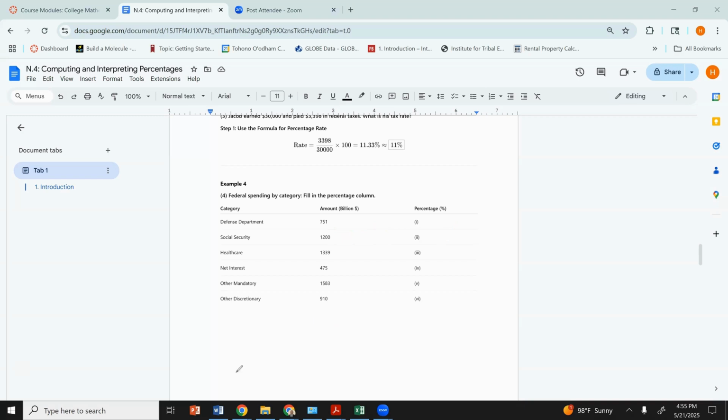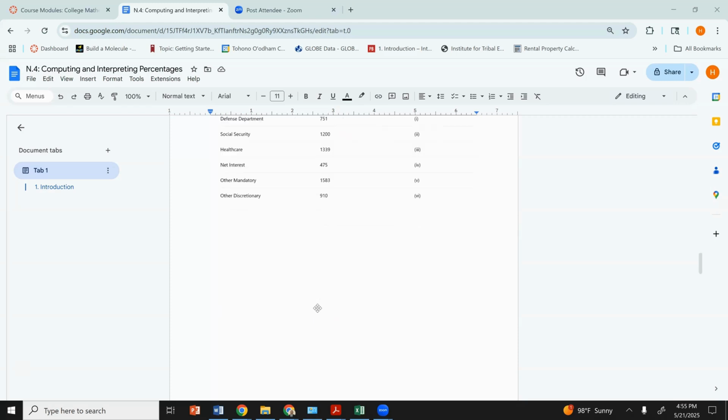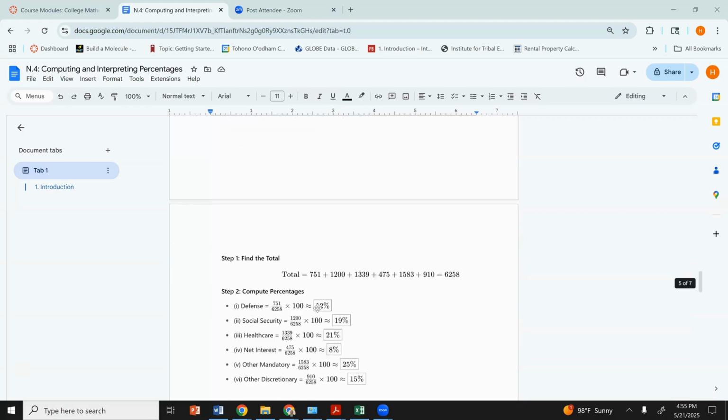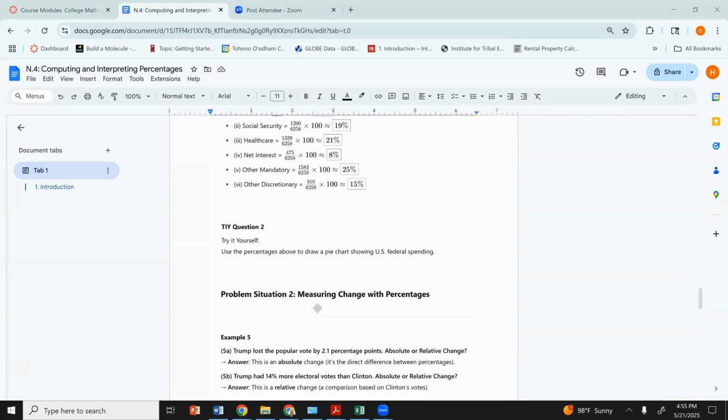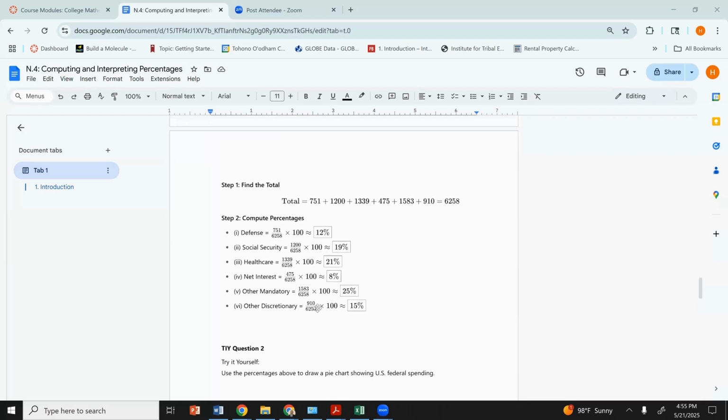Okay. So that was just a brief overview of how to solve this type of question, but more detailed here. So as I said, you have to add all these categories. And if you add all of them, you have 6258.